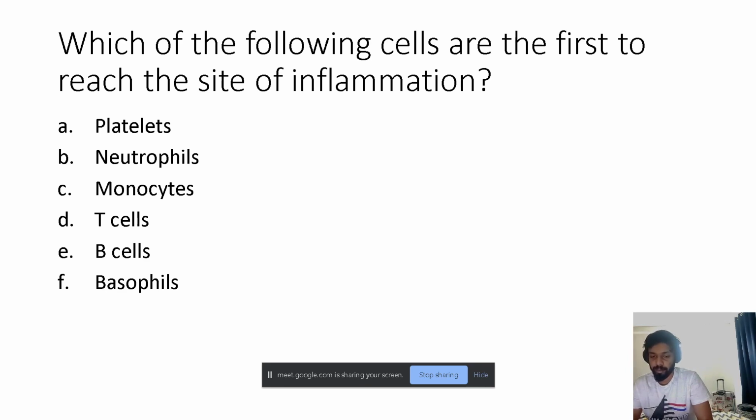Option B, neutrophils. Neutrophils are the first cells that reach the site of inflammation in any immune response because of their small size and their ubiquity in the body. They are present all across the body, except for the brain, and they can reach the site of inflammation very fast.